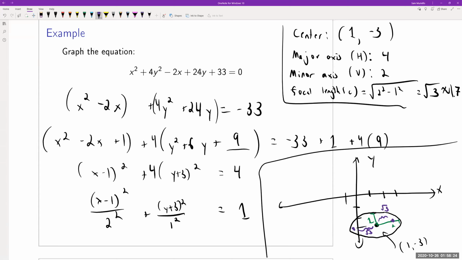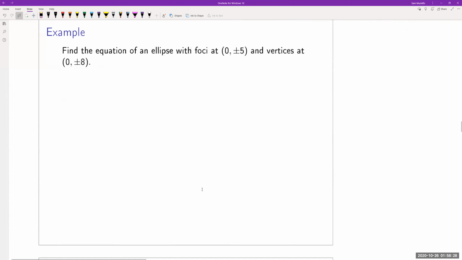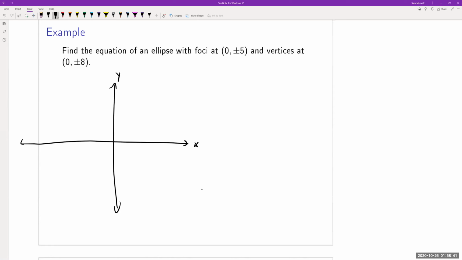With all this in mind, we can also go backwards. Let's this time consider where it gives us some information about the ellipse. Foci at plus or minus 5 and vertices at plus or minus 8, both with 0 as their x-coordinate. So first we'll just draw on what we know so far. I think a label of 2 maybe makes sense here.